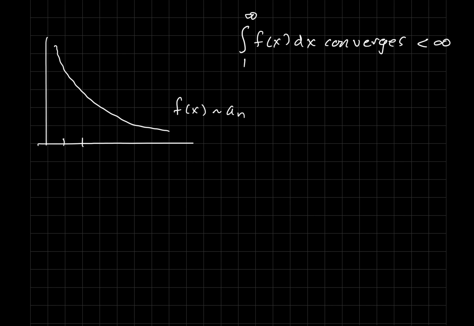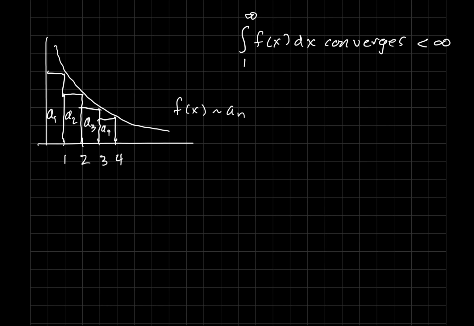And let's fill in our graph again. Get 1, 2, 3, 4. And I'm going to draw some right-hand Riemanns, if you would, like such. Similar idea from above gives us the area of the rectangles are a sub 1, a sub 2, a sub 3, etc.